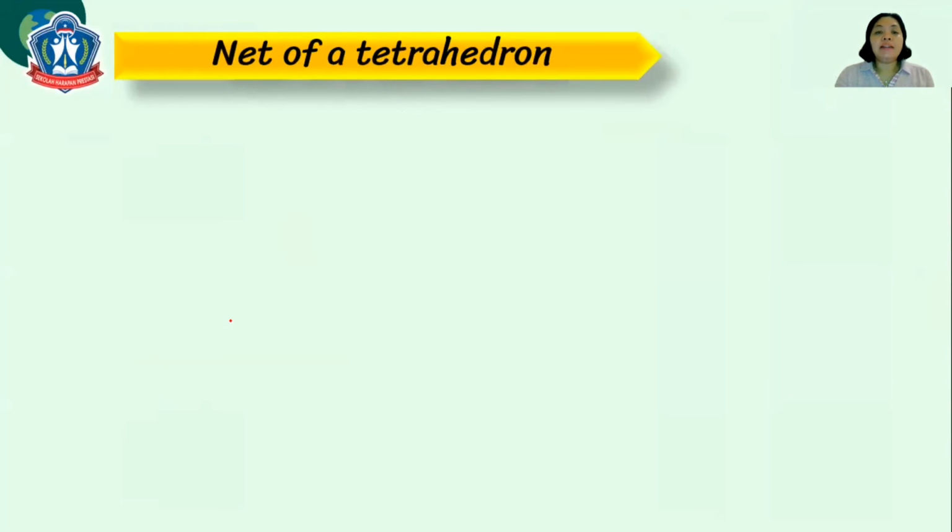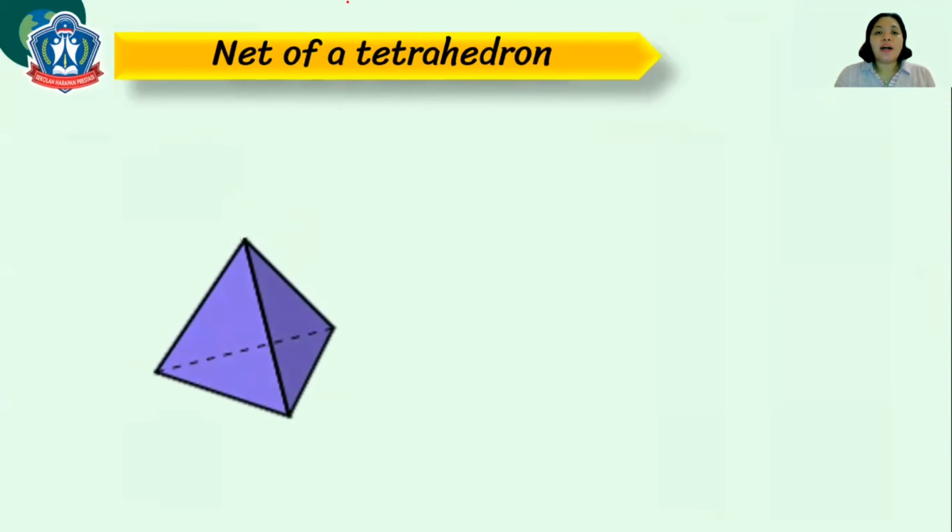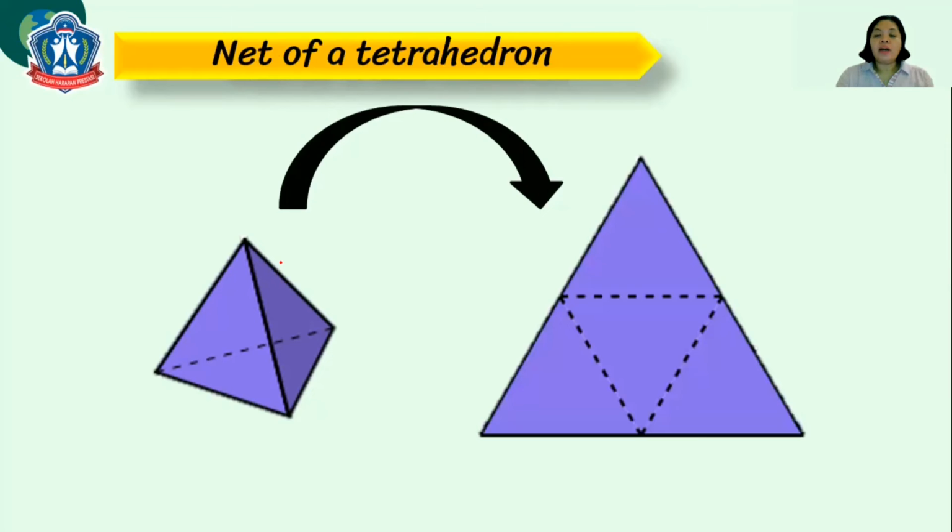Another net is of a tetrahedron. Okay, children, do you know what a tetrahedron is? A tetrahedron is also called a pyramid. It consists of 4 triangles. This kind of triangle is what we call an equilateral triangle.